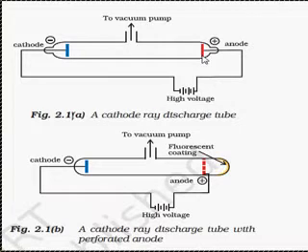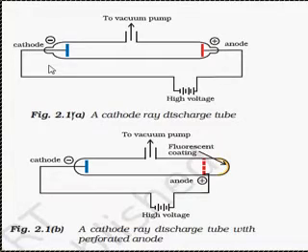When sufficiently high voltage was applied across the electrodes, current starts flowing through the stream of particles moving in the tube from the negative electrode, that is a cathode, to the positive electrode, that is anode. These were called cathode rays or cathode ray particles.